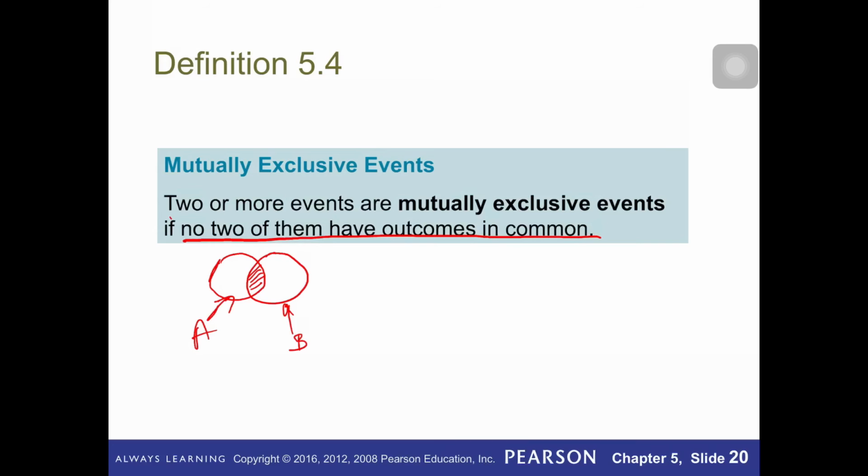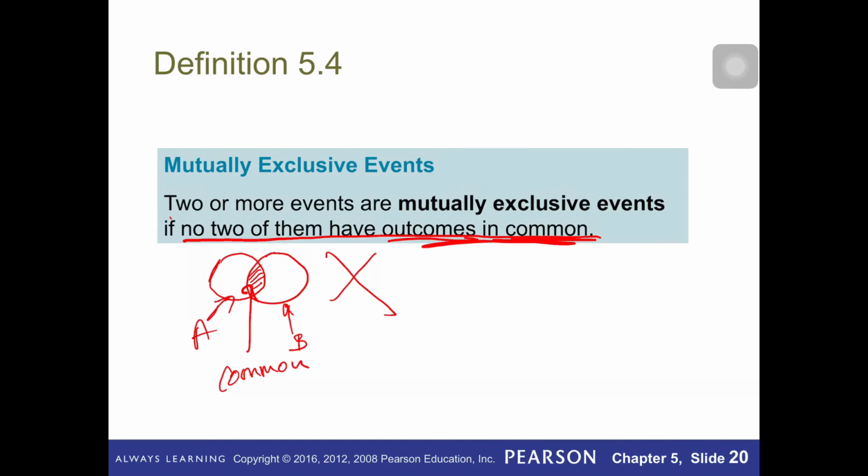Clear? They don't have something like this. If you consider two events, they don't have something like this. Okay, mutually exclusive, they don't have outcomes in common. This is the common case. This is the common area.